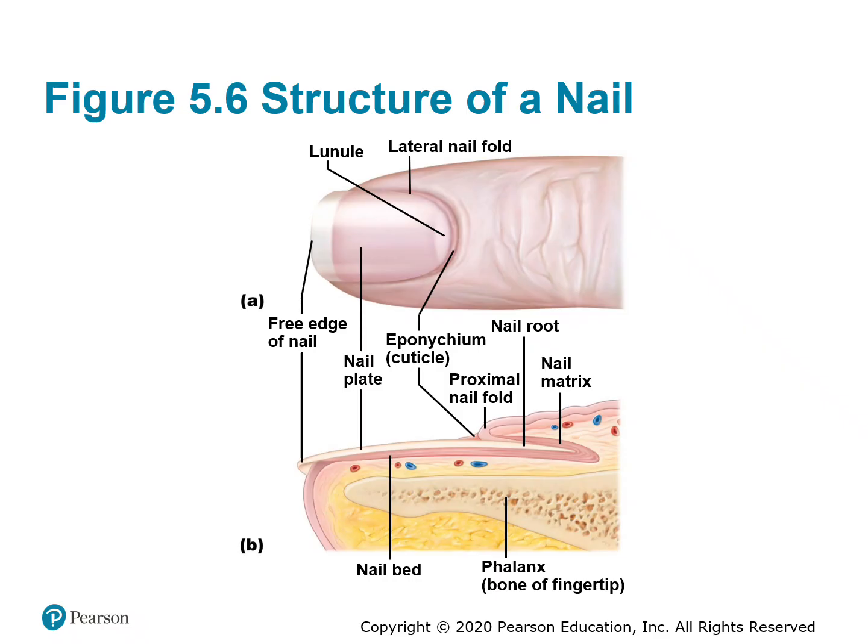The nail plate is actually attached to your skin. You have lateral nail folds. That's what separates your nail from your skin on either side. The eponychium, the cuticle, is at the back, okay? And then the root of the nail is just a little bit below that cuticle, and that's where the nail grows from.